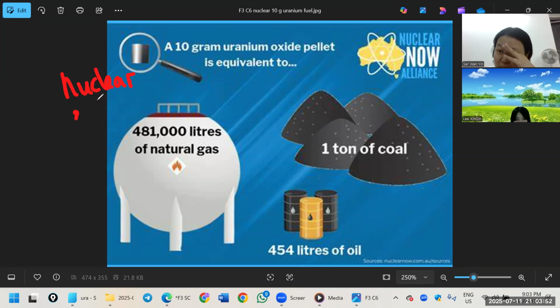Then it can produce heat. But the problem is it can make people have cancer.